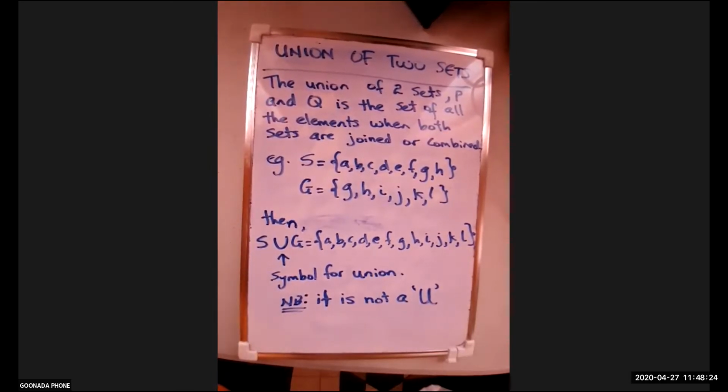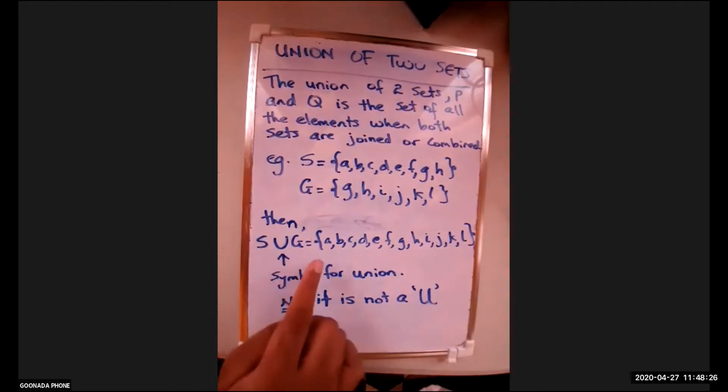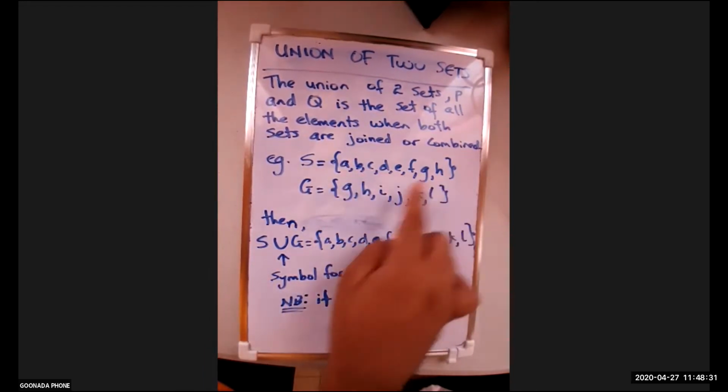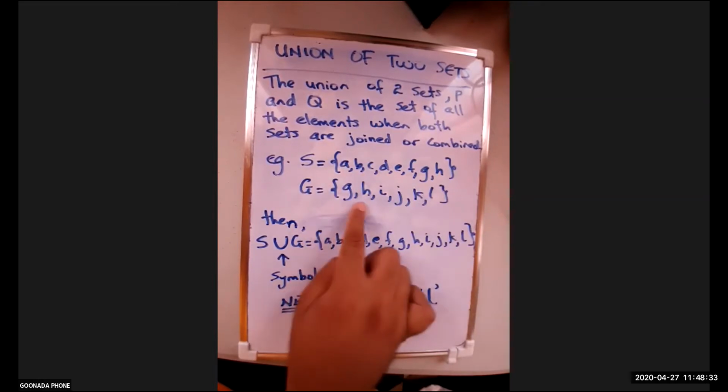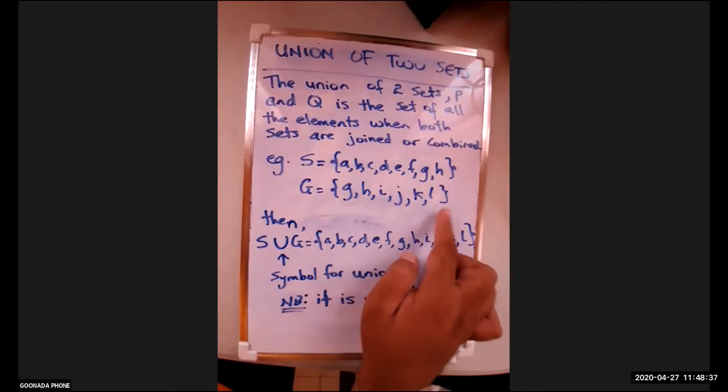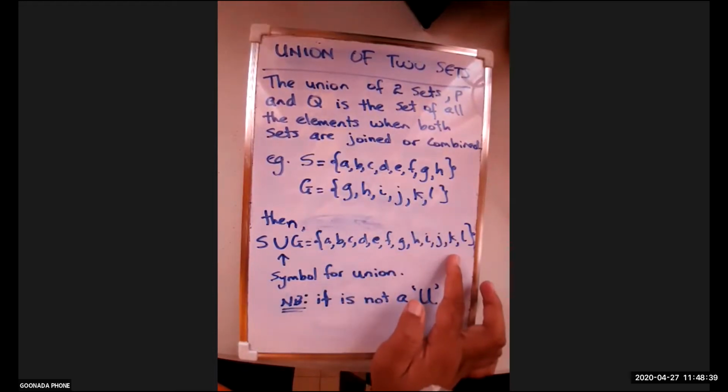So S union G is equal to A, B, C, D, E, F, G, H. And of course, you cannot repeat the elements, so that's why I didn't have two G and H. So we just continue with I, J, K, and L. You all seeing that?